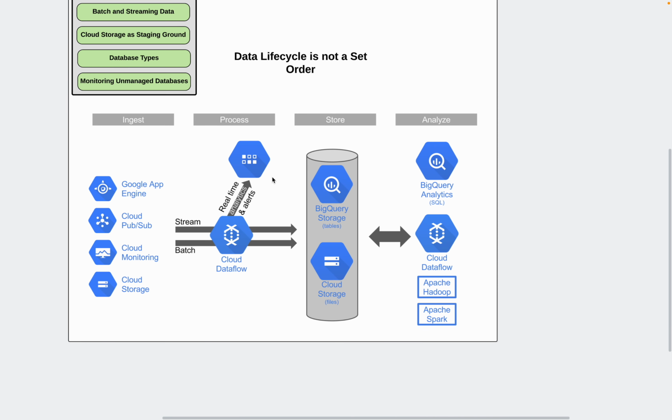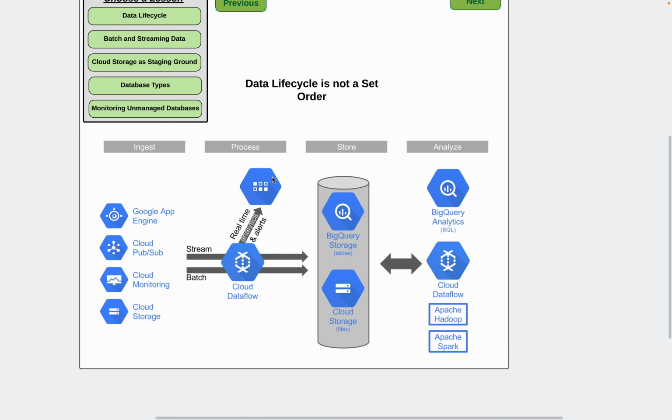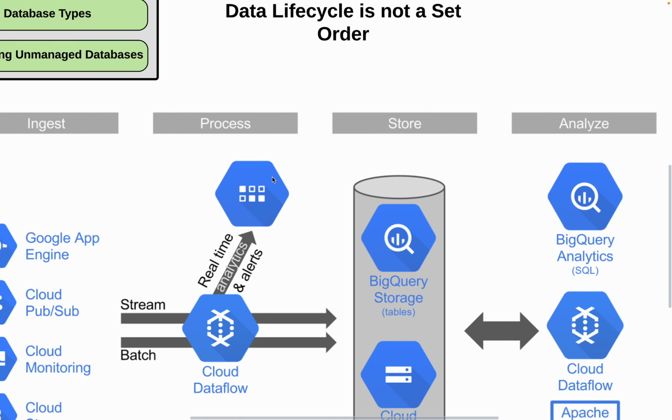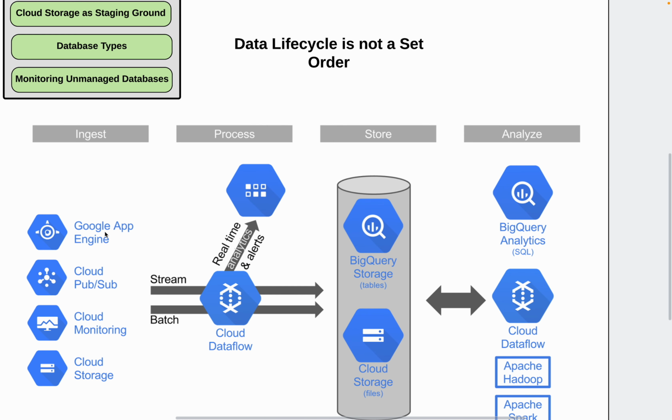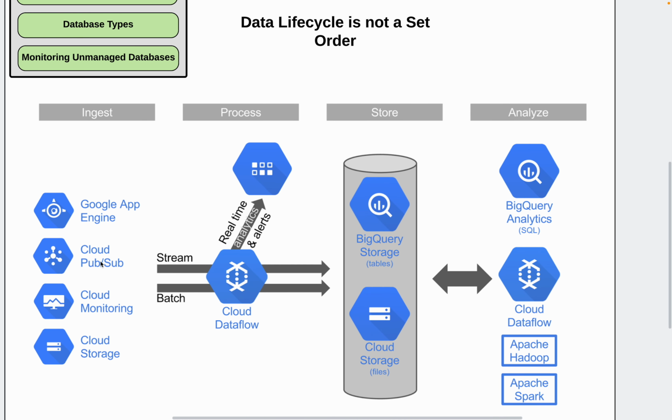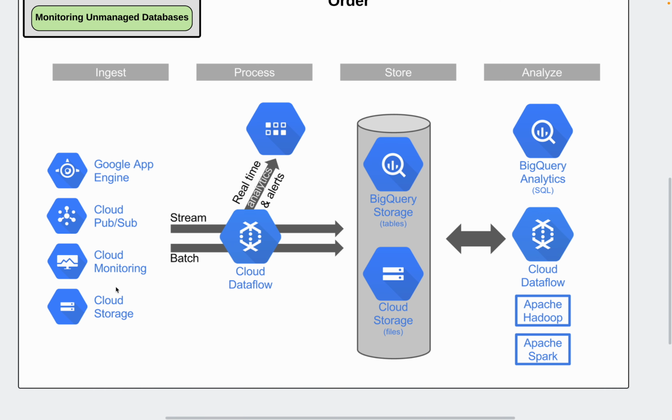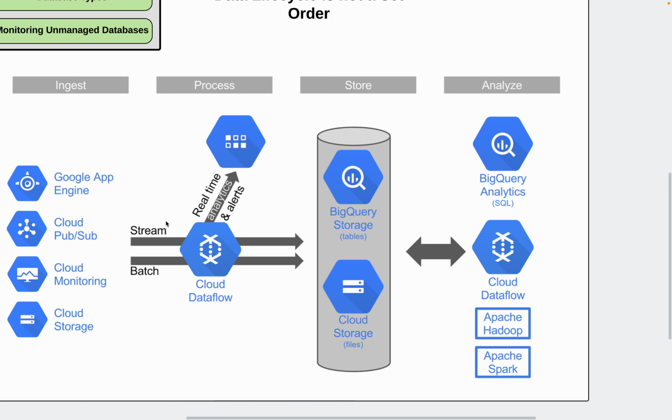The data life cycle is not a set order. If you see this diagram, you can see Google Apps, then Google App Engine, then Google Cloud Pub/Sub, Cloud Monitoring, Cloud Storage, then streaming and batch with Cloud Dataflow.